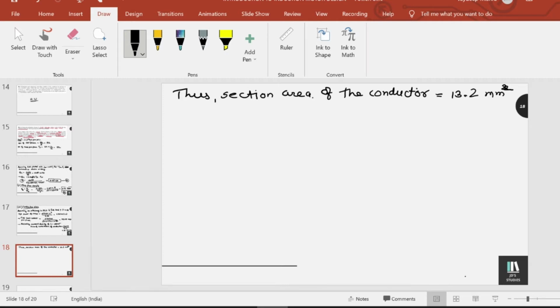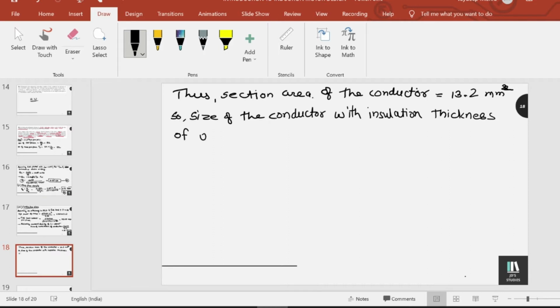So the size of the conductor with insulation thickness, the insulation thickness you have been given as 0.2 mm, is 2.9 mm in width and this is the length of the conductor, consisting of the 0.2 mm thickness of insulation.